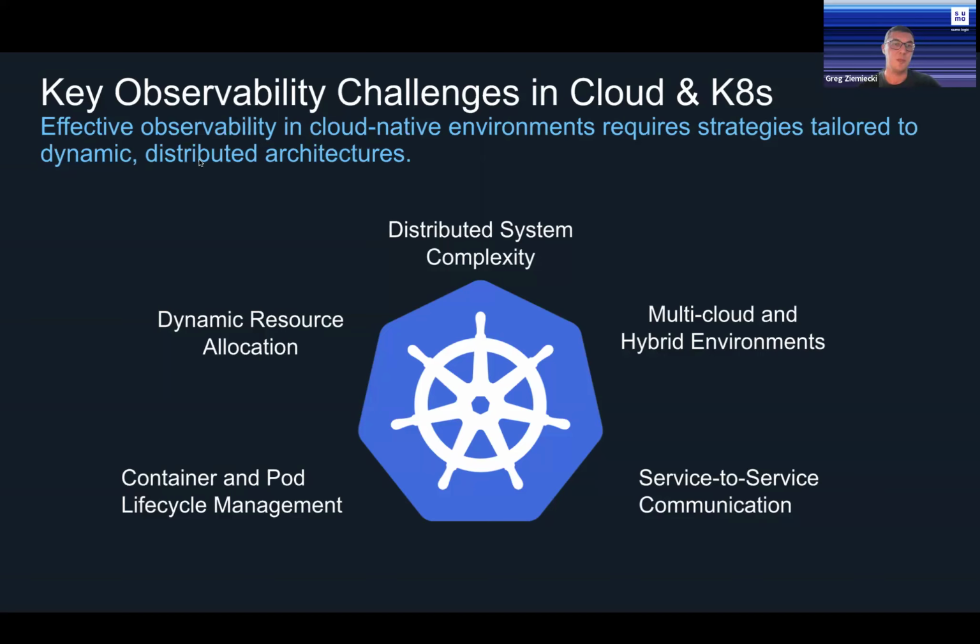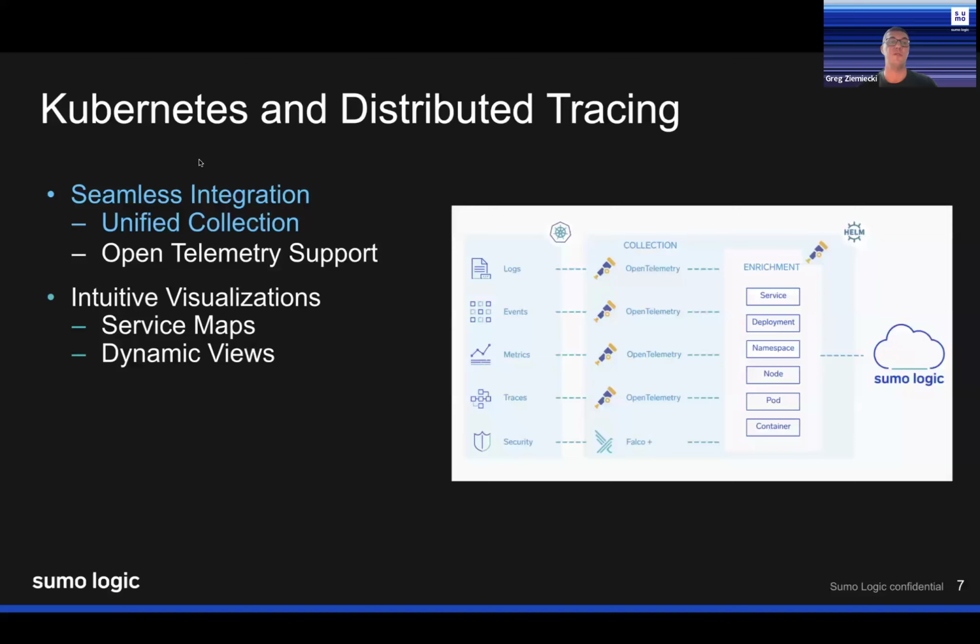So perhaps we can dive into how Sumo as a platform helps to address those key challenges in Kubernetes and cloud environments, in a couple of main areas. We'll have Kubernetes and distributed tracing.